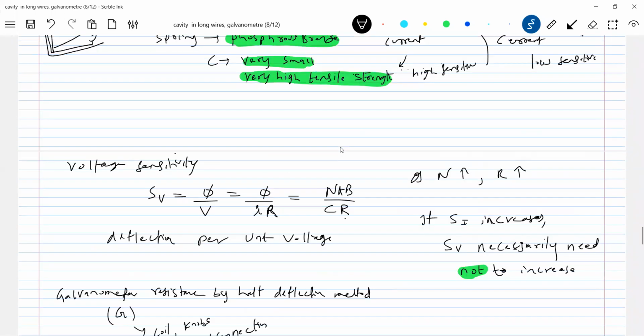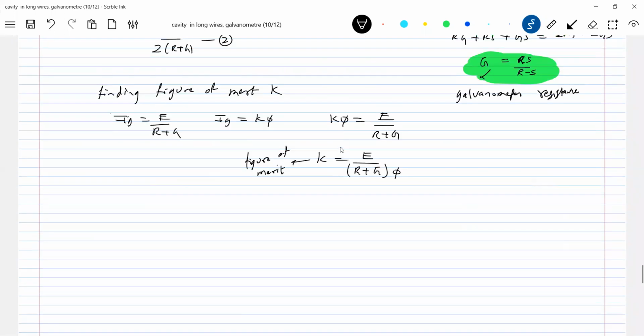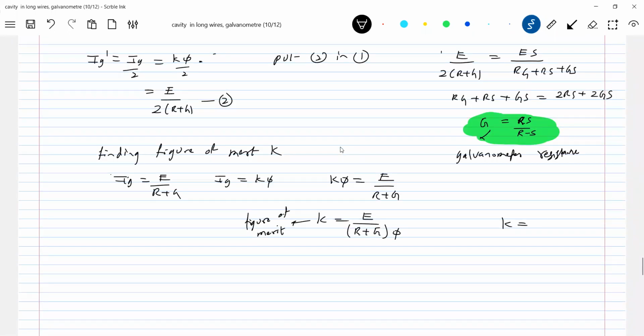So the figure of merit is equal to C by NAB. Even these quantities are very difficult to measure. Number of turns, okay. Area of coil, okay. Getting the B and C is very difficult to measure. So I'll find out that figure of merit. Or what should be the figure of merit, very high or very low?